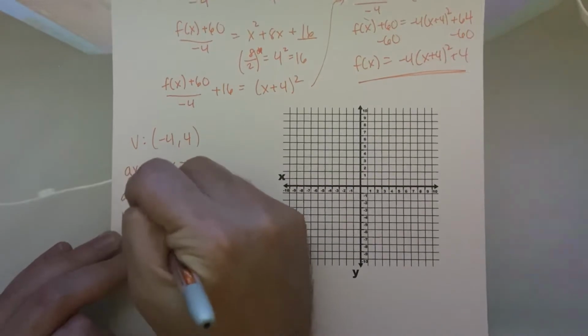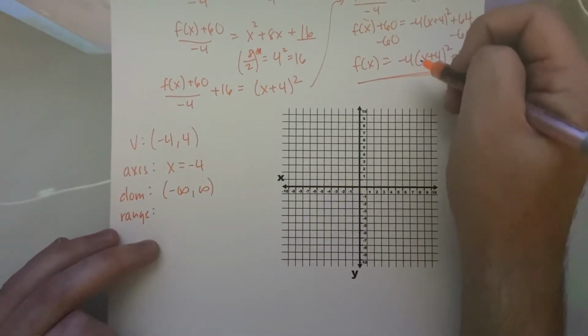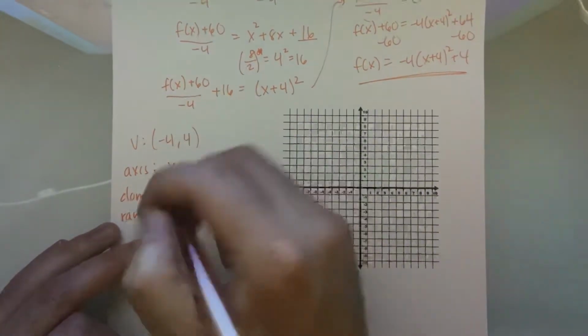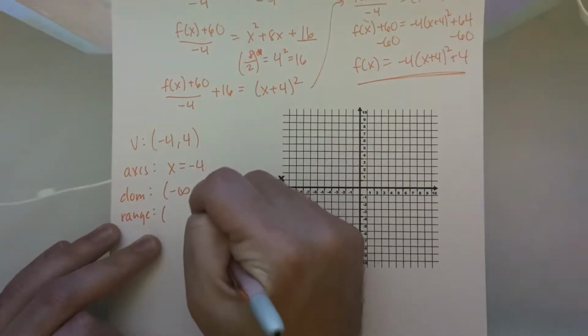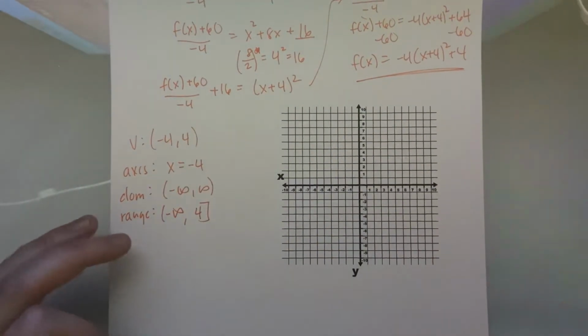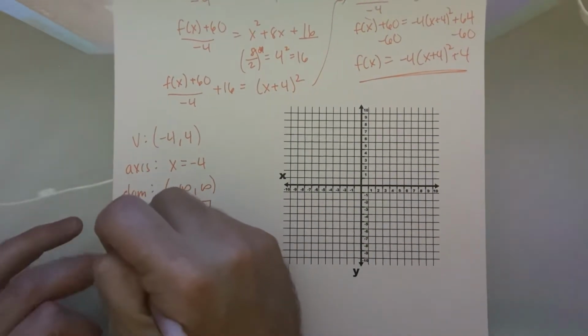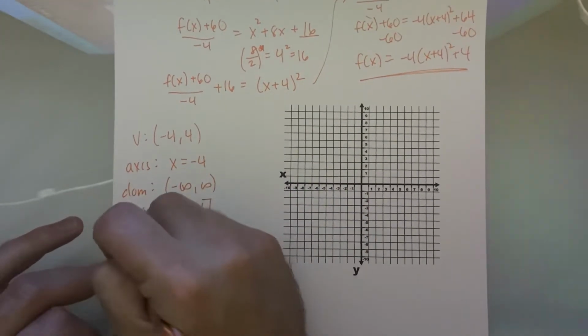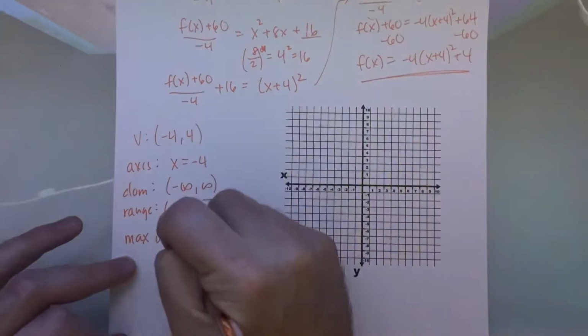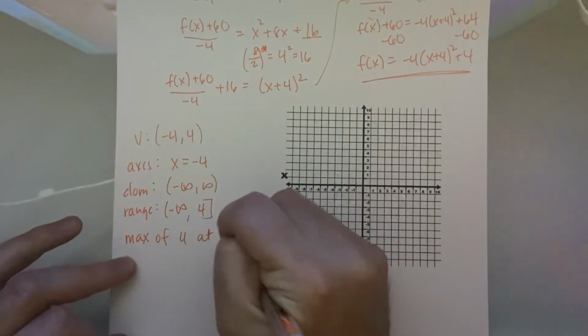Range. This negative 4 means it's opening downward. So that means my y value here is a maximum, which means it's the second part of my interval, and it has to go from negative infinity to 4 because it's going downward. It has a maximum of 4 at x equals negative 4.